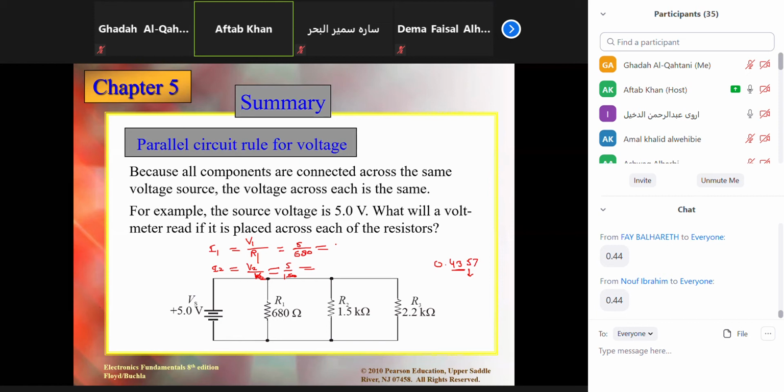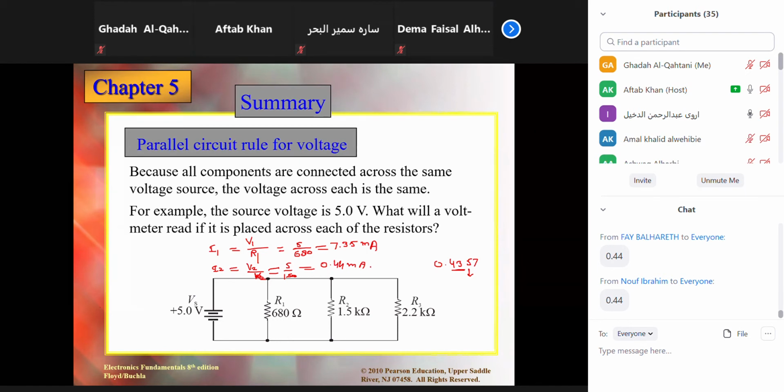So how much is I1? 7.35 milliampere. What about I2? 0.44 milliampere. It is also milliampere.